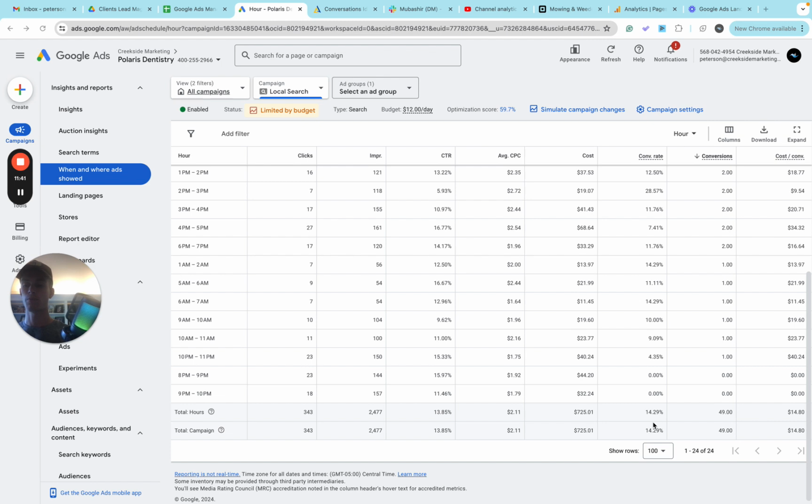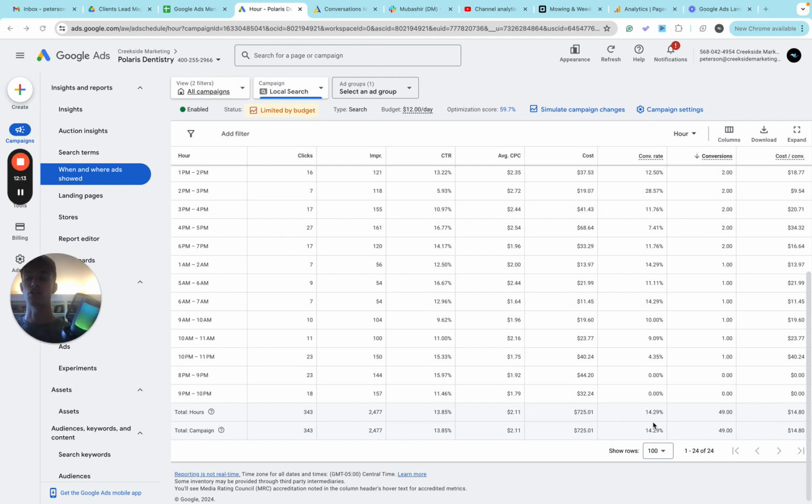My typical go-to when first looking at a campaign is to look at the times of night when you would expect people to be asleep and not looking for whatever service you offer. Some weird ones can be skydiving companies, or e-commerce brands with late night shoppers, but a lot of the time when people are looking for services, such as a dentist office, they're going to be looking at normal hours of the day.